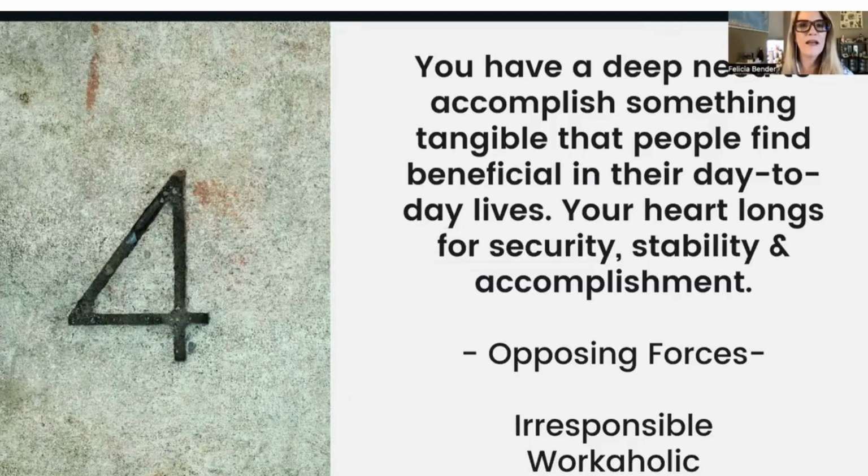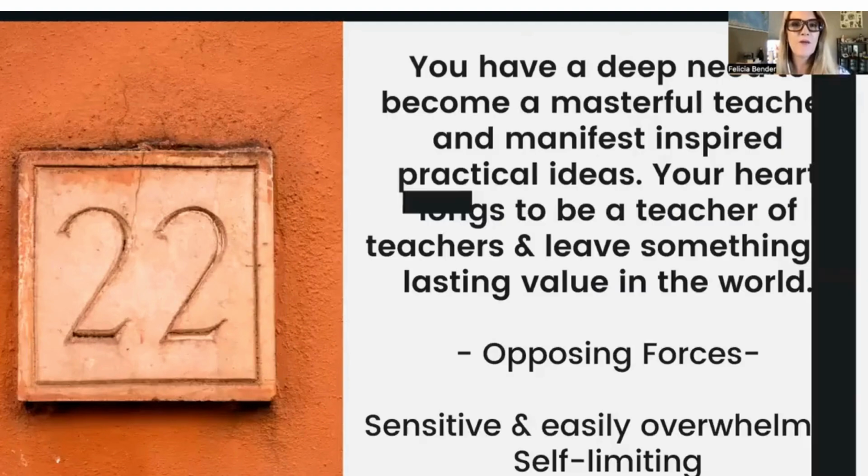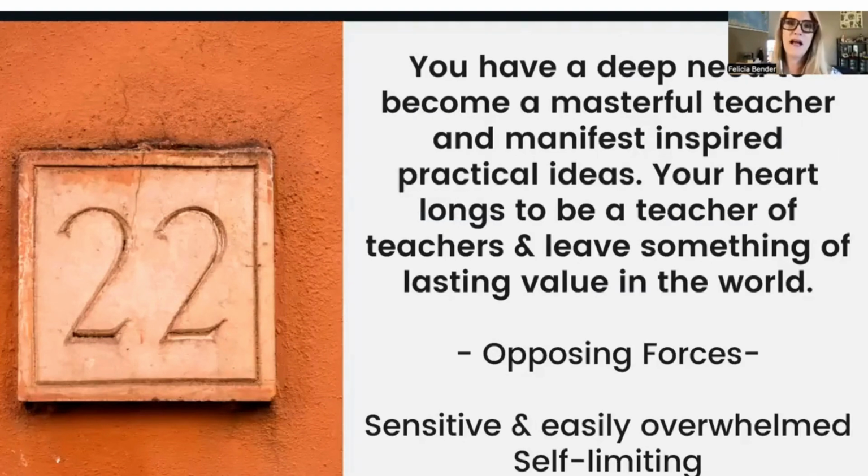And the off track or struggling 4 always feels exhausted, always feels like they are the only ones who can do X, Y, and Z, right? So it's learning how to relax, learning how to stay the course, but do it step by step by step.